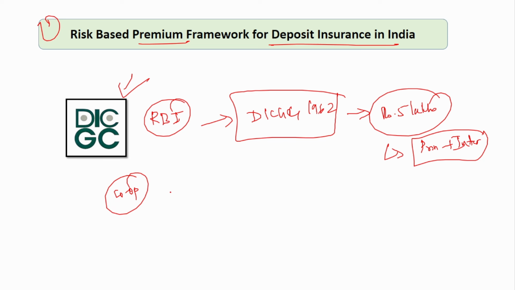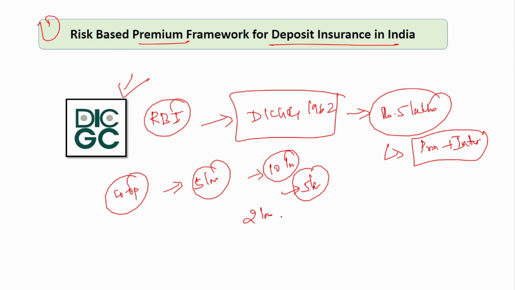If any person has an account in this cooperative bank, they will get a maximum of 5 lakhs. Even if they have deposited 10 lakhs, the maximum they can get is only 5 lakhs. If they have deposited 2 lakhs, the entire 2 lakhs will be given back to them because the maximum insurance amount is 5 lakhs.